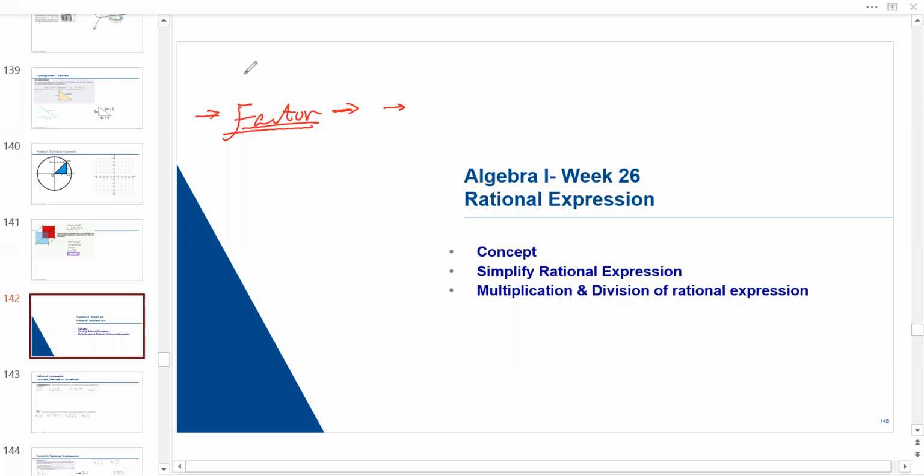We say something like 56 can be separated into 8 times 7. And then we introduced the x, like 7x, which is actually two factors here, right?